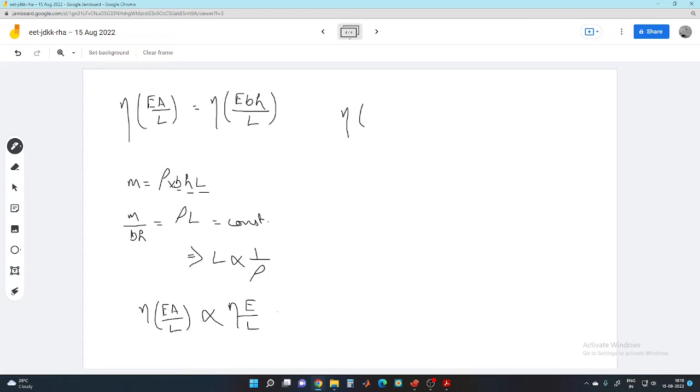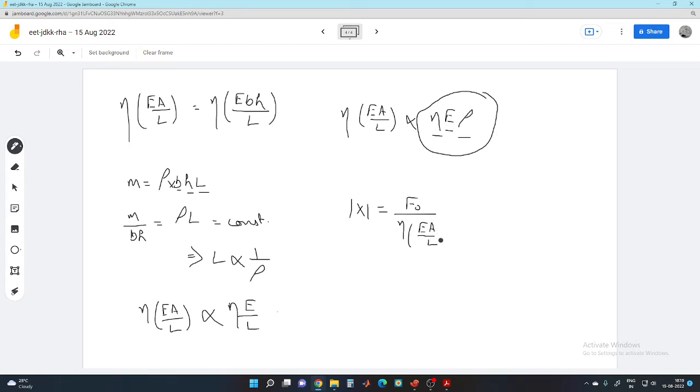So eta EA by L is actually proportional to eta E rho. Now this is variable, this is variable, this is variable, but this total variable decides the magnitude. So mod of X is equal to F naught upon eta EA by L. So now we can say that mod of X is inversely proportional to eta E rho.